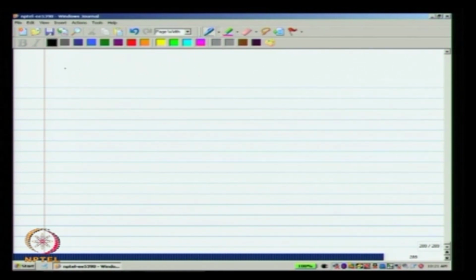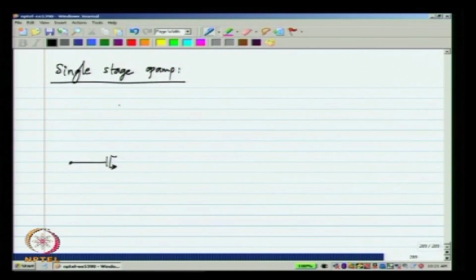Now, the single stage op amp we have is a slightly different topology. We do not have resistors, but we have a current mirror load.